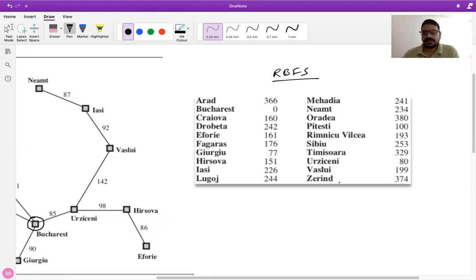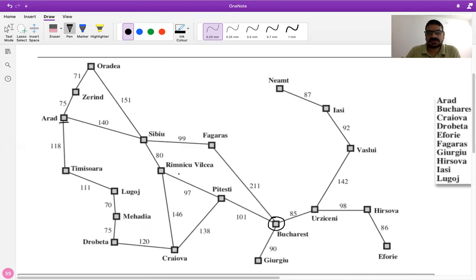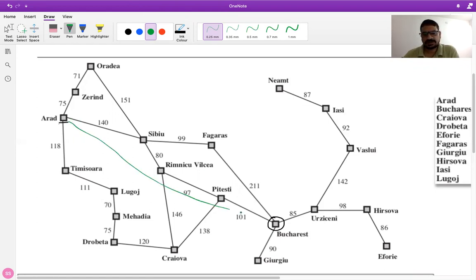As I told you, the value stated in front of each city is nothing but the heuristic value, the h value of that city. Let's say h of Arad is 366. We have discussed how we calculate the heuristic value: the Euclidean distance, a simple straight line.